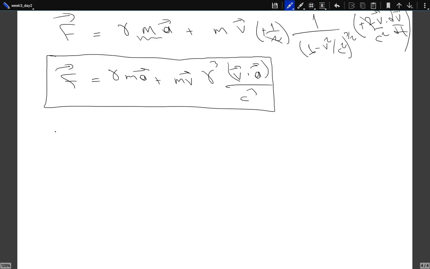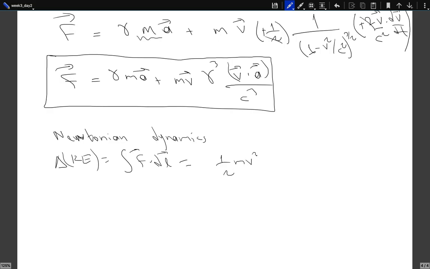In Newtonian dynamics, F dot dl was the change in the kinetic energy of the object, and it turned out to be 1/2 mv final squared minus 1/2 mv initial squared.